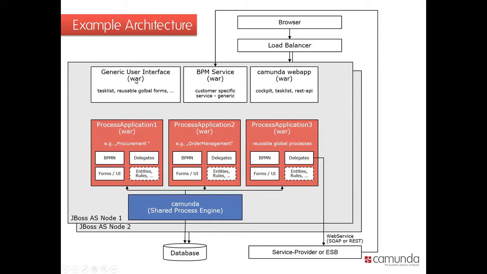You might have an own war for a generic user interface. That's pretty common. So that might be a task list, some global forms or whatever you might have here. And then it gets interesting how this user interface shows forms from your domain deployment. So that might be that you switch the web applications.